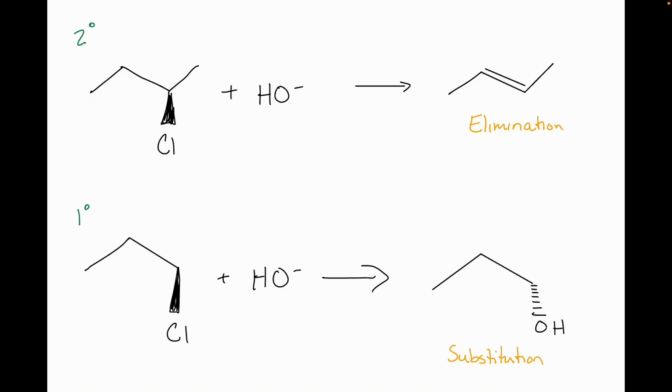So why is it that for a primary it's the substitution product, but for a secondary it's the elimination product?